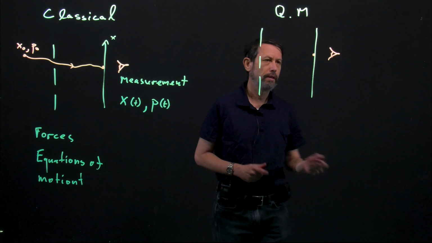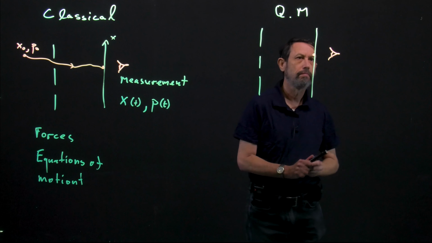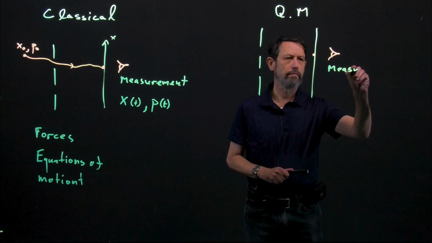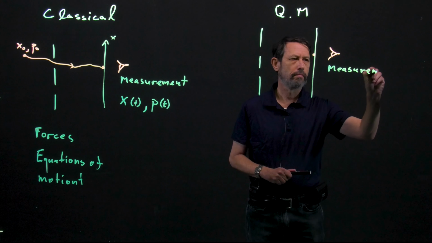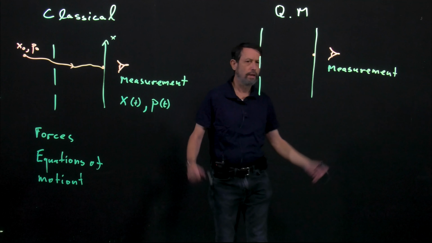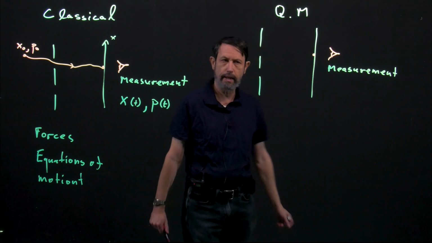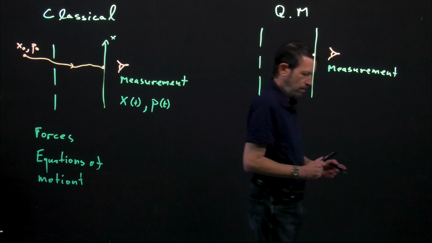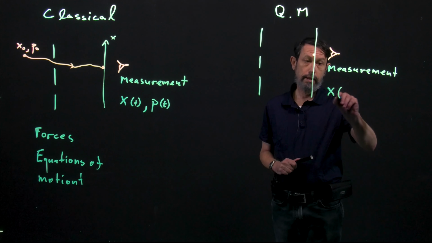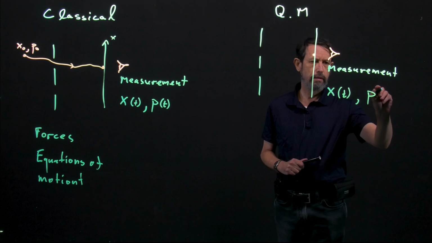We observe it, and that's our measurement. Up to here, it's exactly similar to what we did in classical physics. Now, in classical physics, we know x of t and p of t.